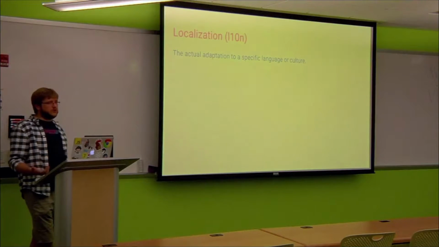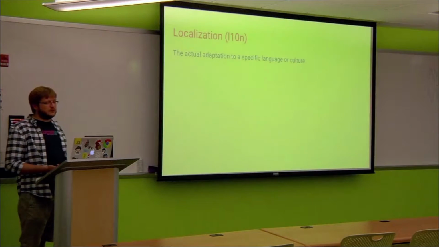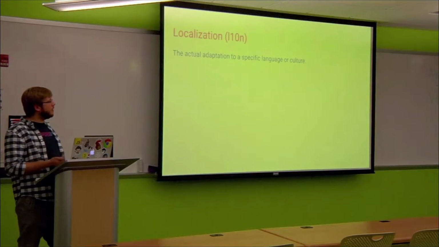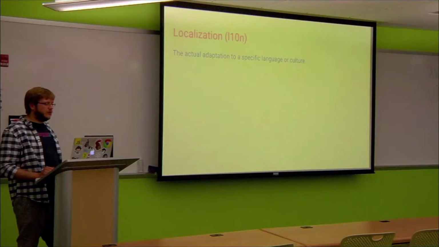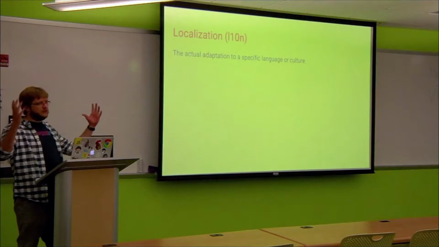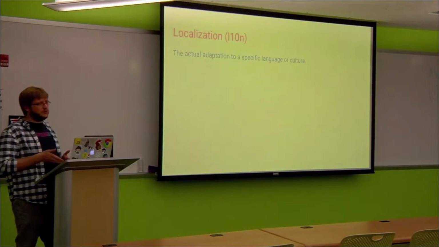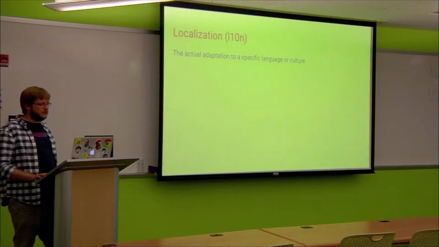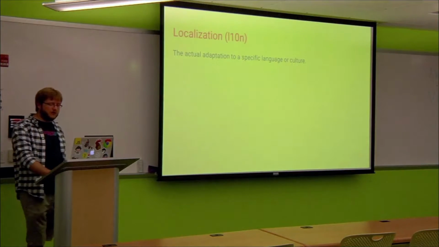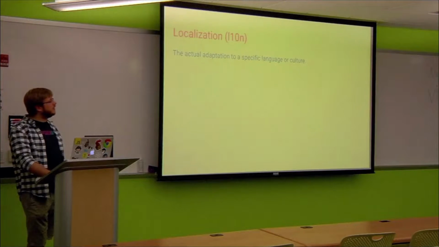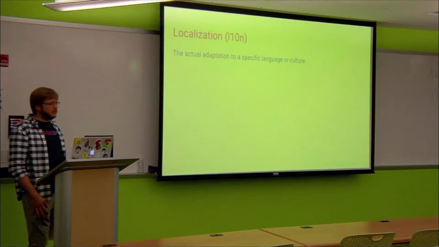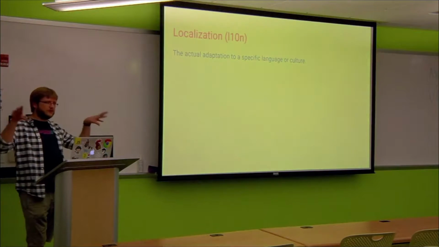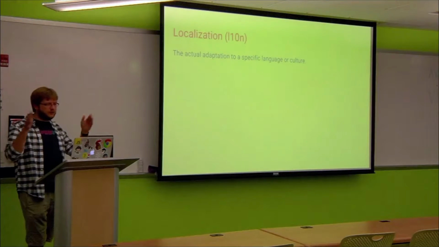So what's localization? Localization typically means how you go about actually doing that. So the internationalization stuff is the big bubble, and localization is more of the specifics on how you go about achieving that end. And again, that's often abbreviated as L10N. It's just the ends of the word, and then the number of characters in the middle.